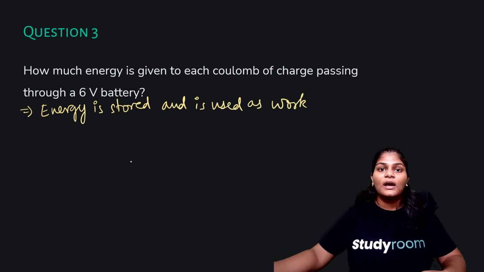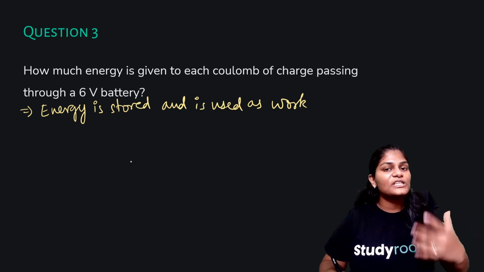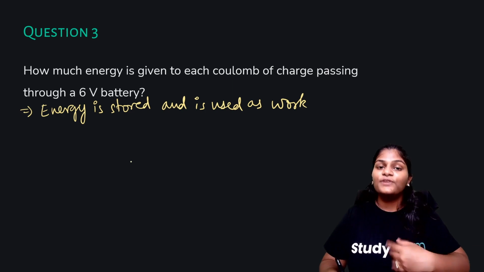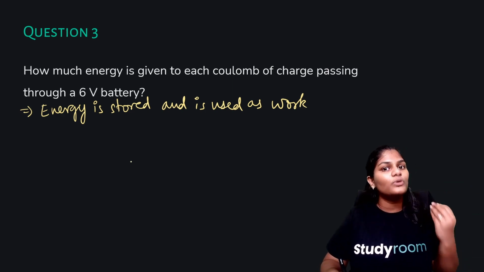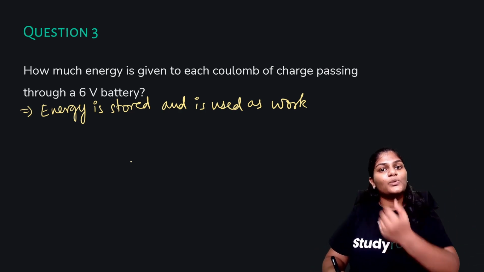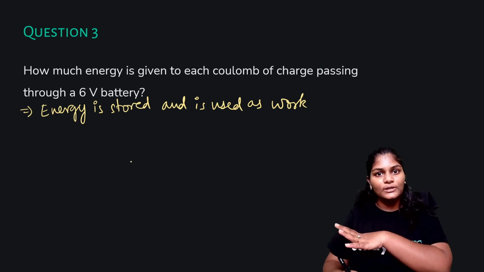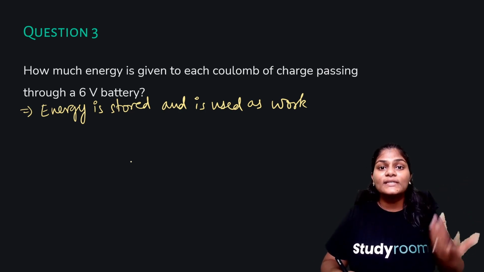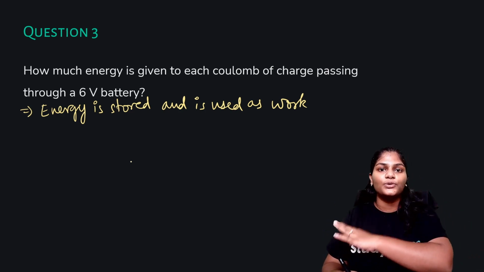That means, like in real life also, you can only do as much work as you have the energy to do. If you have a lot of energy, you do a lot of work. If you have little energy left in you, you do little work. So the energy that you have is equal to the work you do. Assuming you use all your energy to do work, that's what we call an ideal situation, where all the energy stored is used as work.